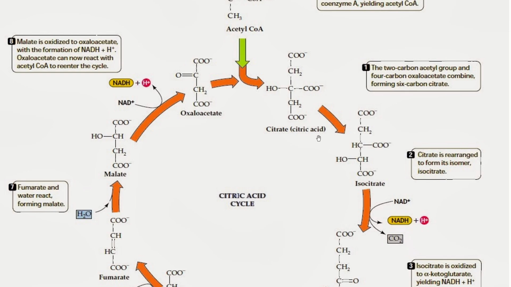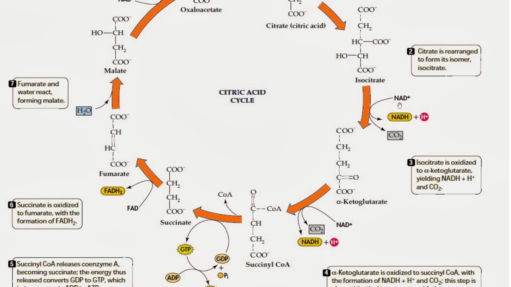Citric acid is rearranged or isomerized to form isocitric acid. Then NAD plus is used to give rise to NADH plus H plus, and one CO2 is released to give rise to the 5-carbon moiety alpha ketoglutaric acid, or alpha ketoglutarate.